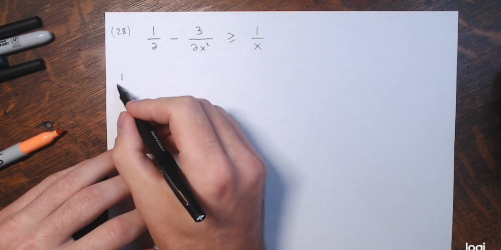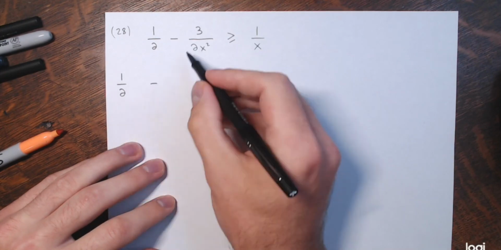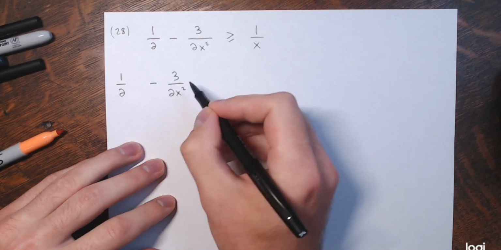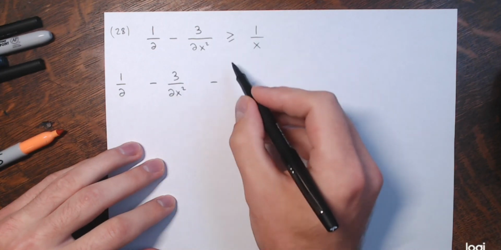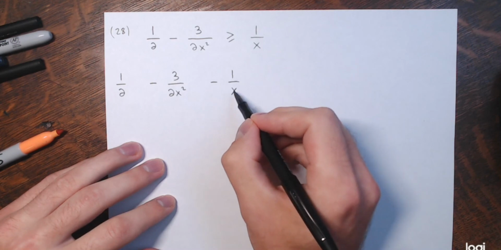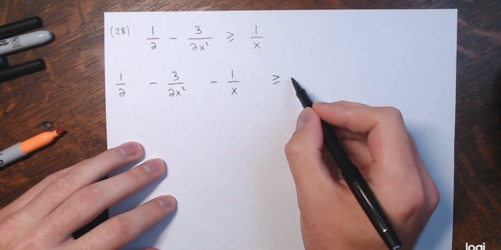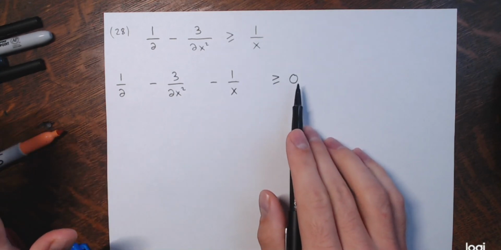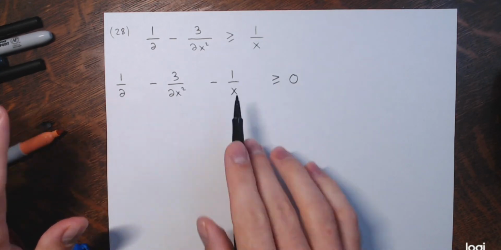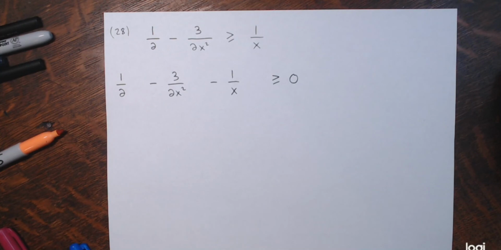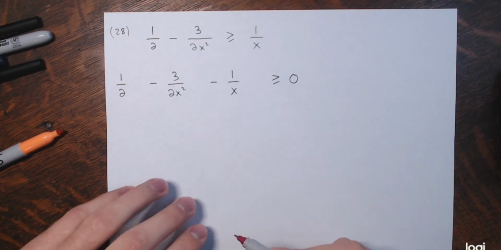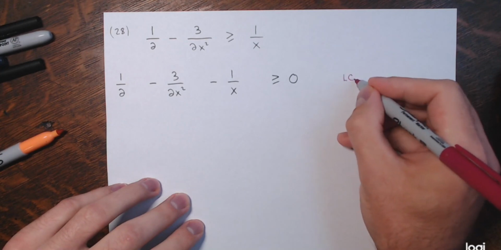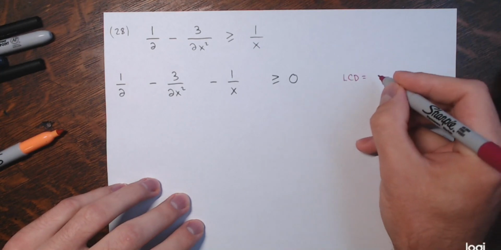So I've got 1/2 minus the 3 over 2x squared, and then minus 1 over x is greater than or equal to 0. So I've got what I want on one side. I've got 0 on one side. Now I'd like to make the other side a single fraction by adding and subtracting. So I need a common denominator. Again, it's obvious here to me. I hope it's obvious to you that the LCD, the least common denominator, is 2x squared.